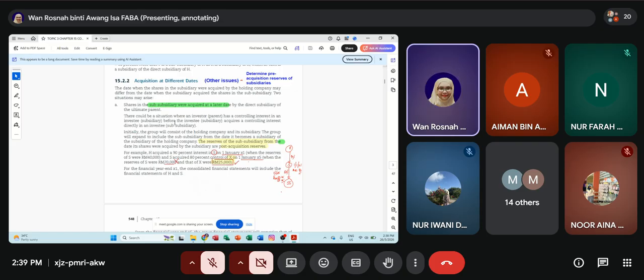So the subsidiaries were acquired at different dates. In this case, you have to identify the pre-acquisition reserve, which is the reserve on the date of acquisition, or DOA.